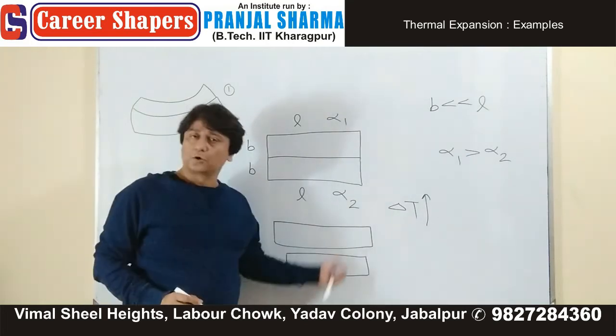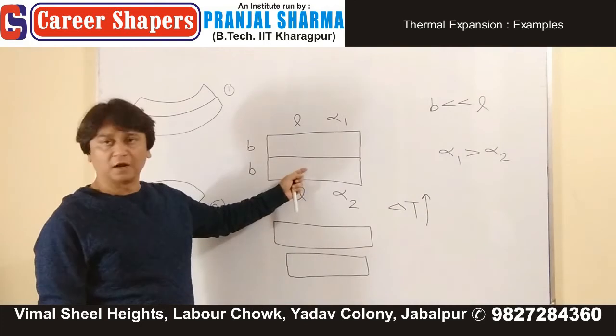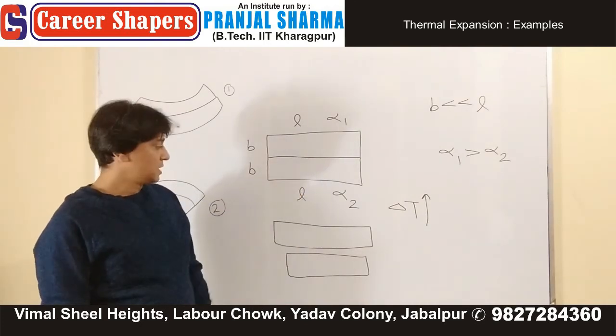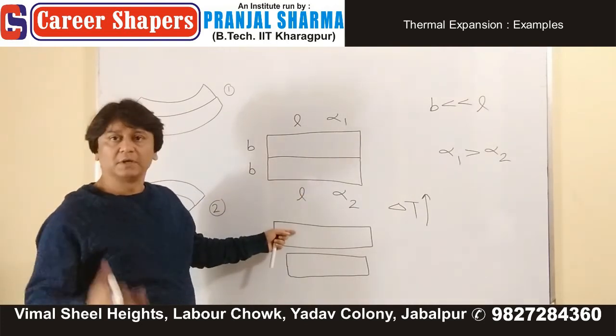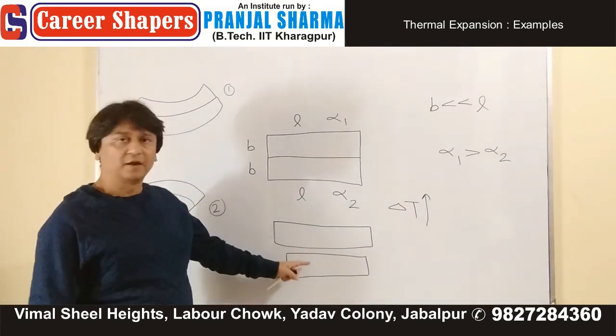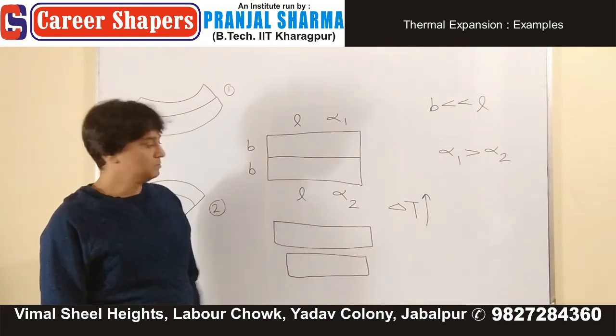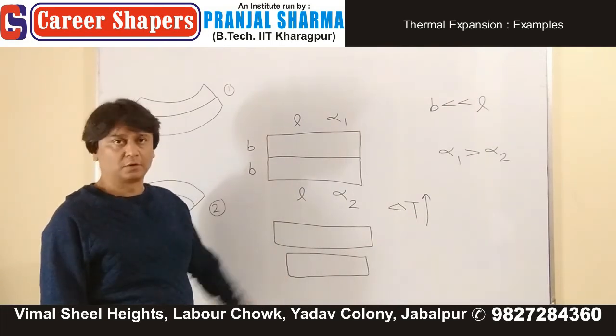The lengths are going to increase, but since alpha 1 is greater than alpha 2, the first rod's length will increase more. If there is no weld between these rods, then that's how the system is going to look.